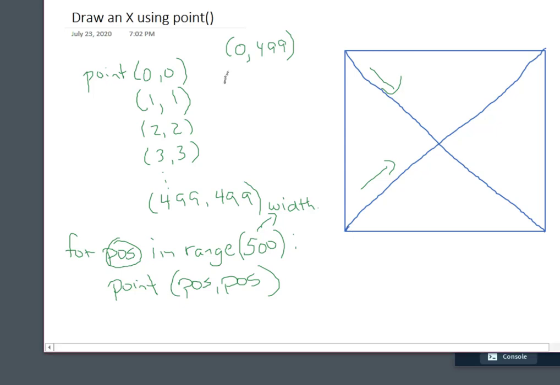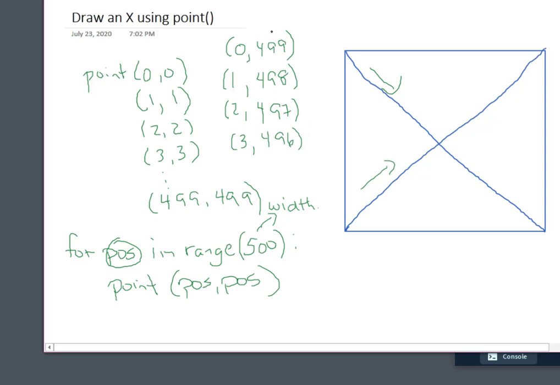My second position, X would be moved over by 1, so X would be 1, and Y would be 499 minus 1. The next point would be at 2, so I'm moving this direction with my X, and I'm taking away from my Y values, so I'd be at 497. Then I'd be at 3, 496. So what's happening in each of these cases?